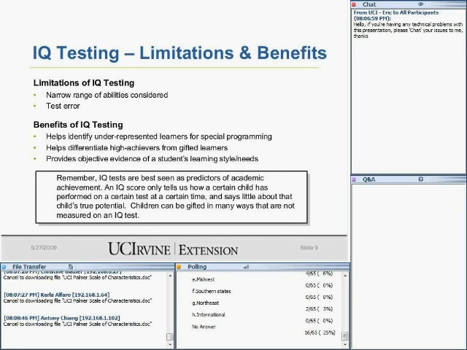Some kids that are intellectually gifted, that can think very quickly and solve very abstract problems quickly, do not do well in the classroom because they tune out, or they're just not good with paper and pencil tasks.